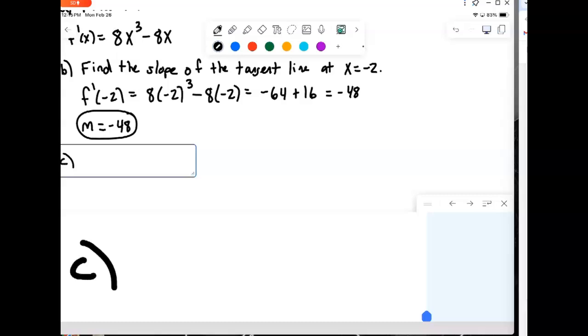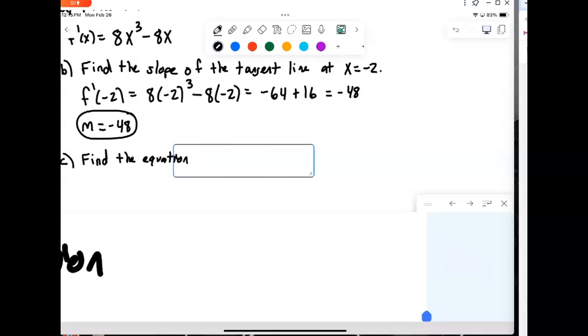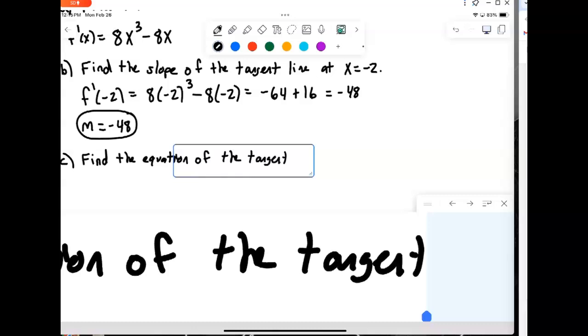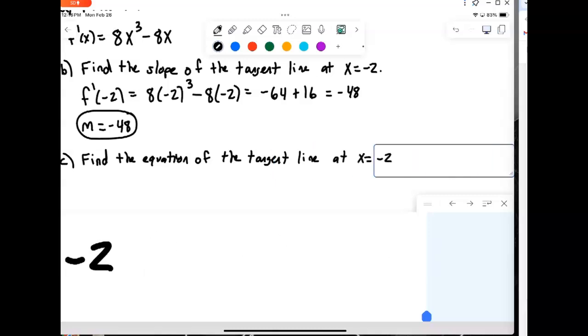And we ask a part C to our problem. Instead of wanting to just know the slope of the tangent line, we might want to actually know the tangent line. So we want to find the equation of the tangent line at x equals negative 2.